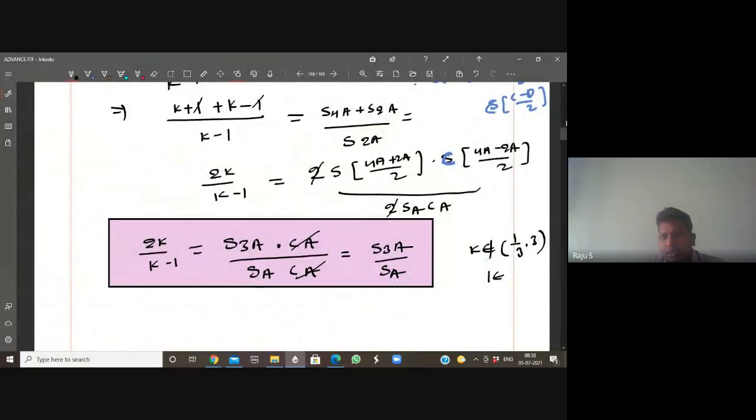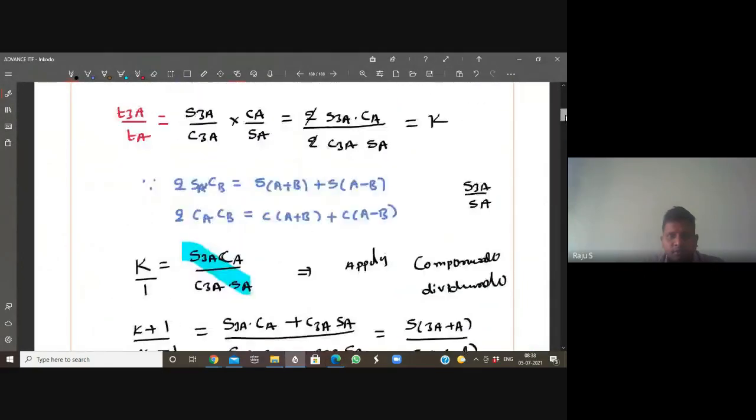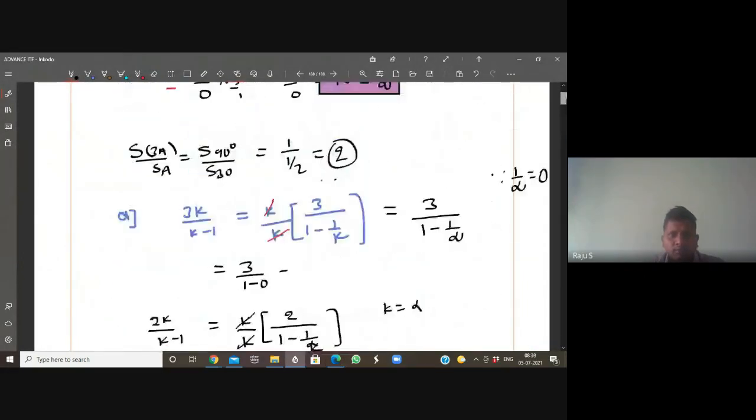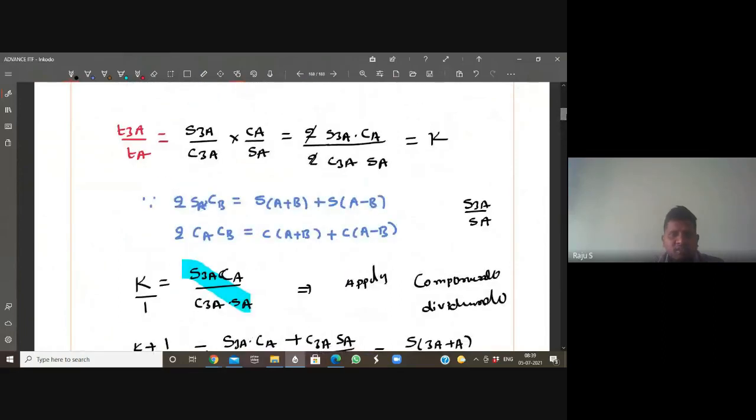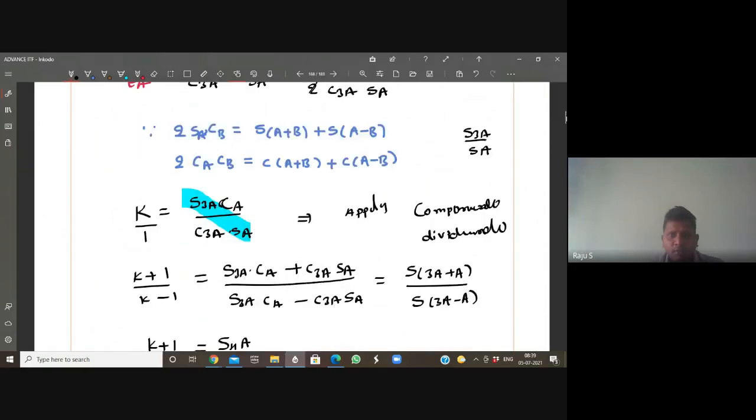Students, any doubts here? So what I have done here, the simplification: tan 3a I have written as sin 3a by cos 3a, tan a as sin a by cos a. Then since tan 3a by tan a is given as k, I applied the componendo dividendo method.